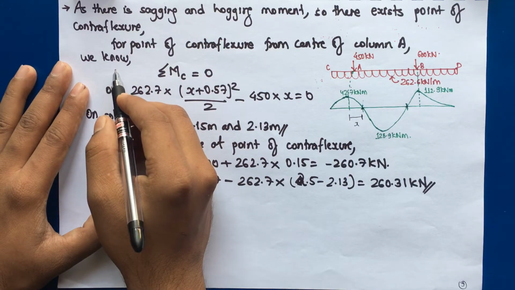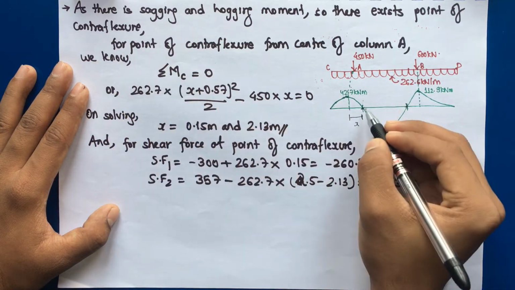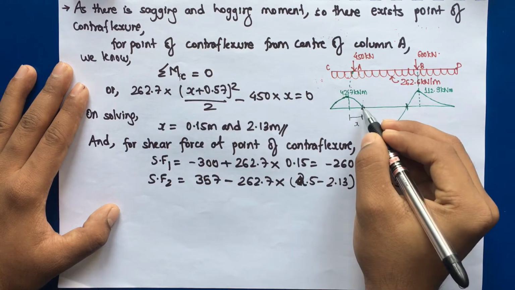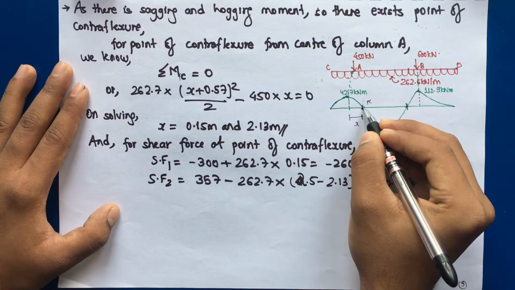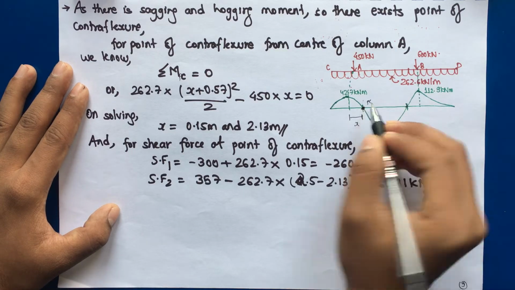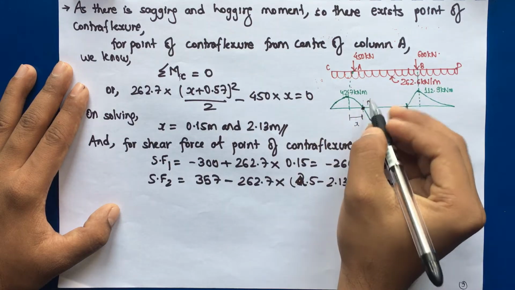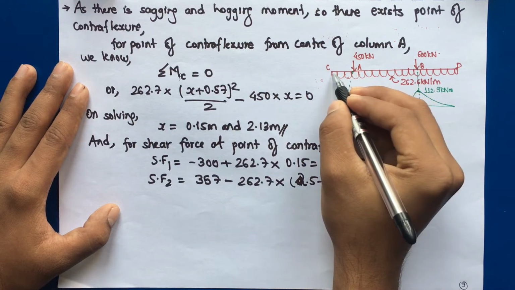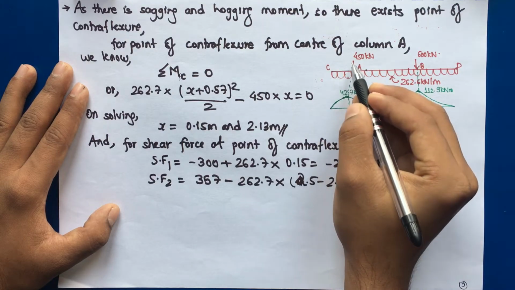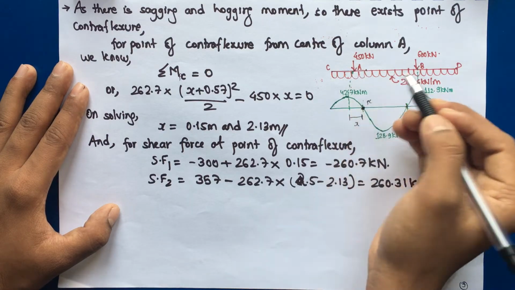Now we have summation MC, C being the point of contraflexure, so let us write PC. Summation of moment about this point should be equal to 0, and for this we consider this much portion. So we have UDL and a point load acting here.